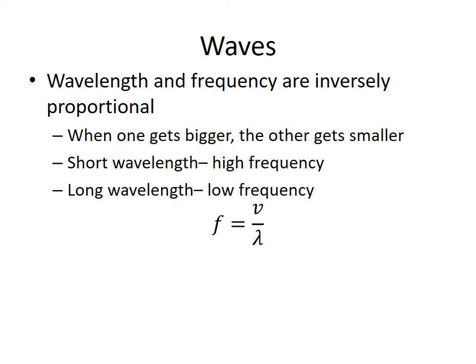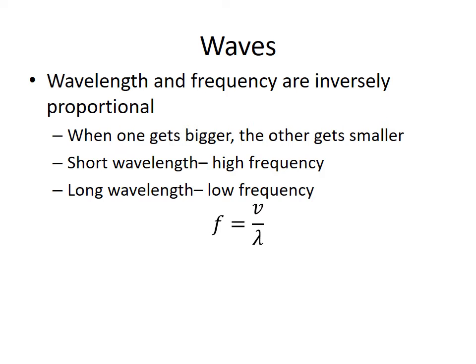So this would be the formula for it, where f is frequency, v is the velocity, and the little lambda sign underneath the v is the symbol for wavelength. I can always remember that lambda is a symbol for wavelength because it's got that little wave at the top.